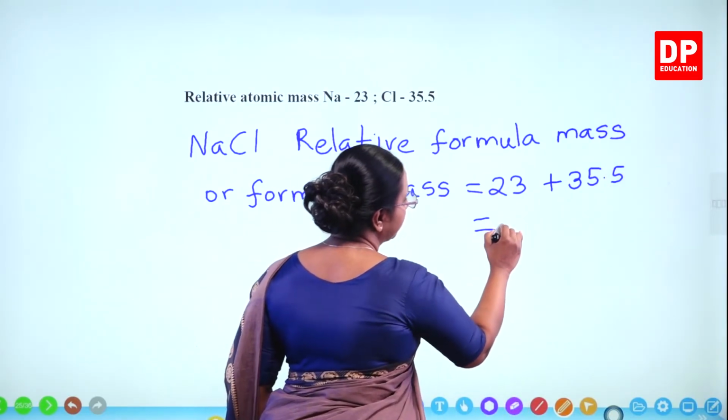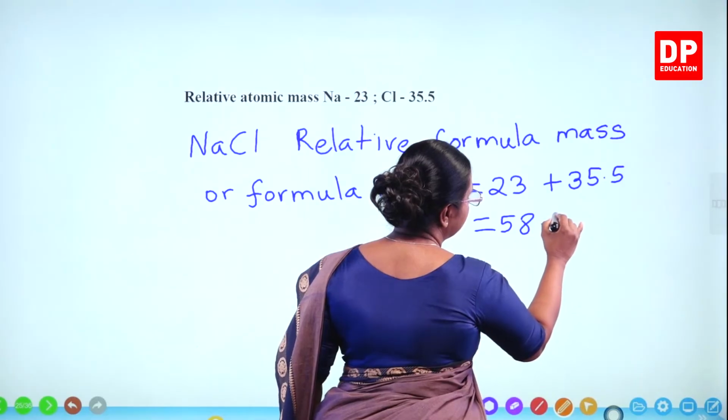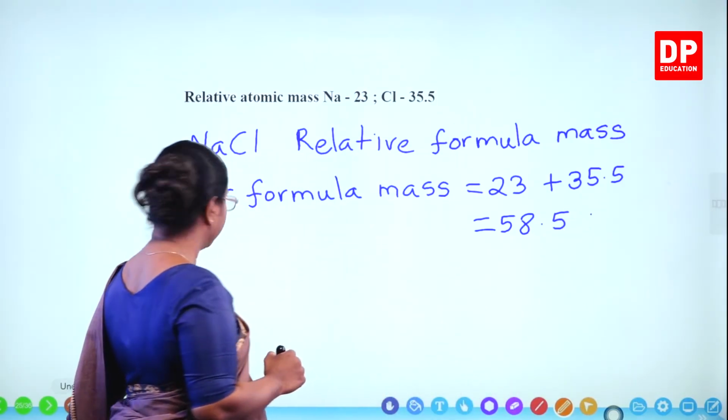And when we add them together, we will get the value as 58.5.